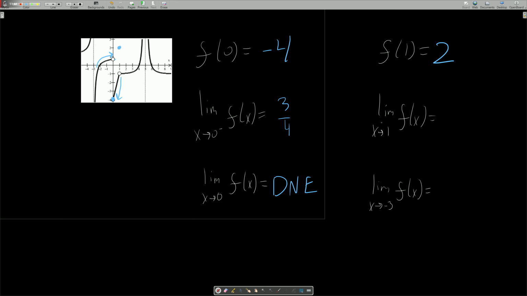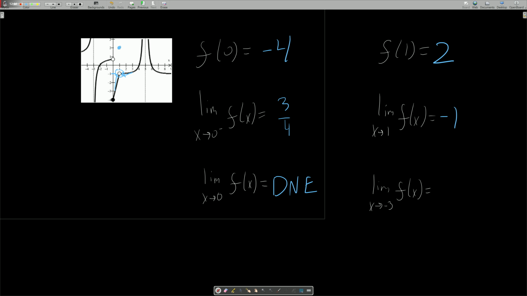Now the limit as x approaches 1 of f of x, let me erase this. The limit of f of x as x approaches 1, you can approach 1 from both sides. You can see the function approaches this point right here at -1. So the answer would be -1 here.